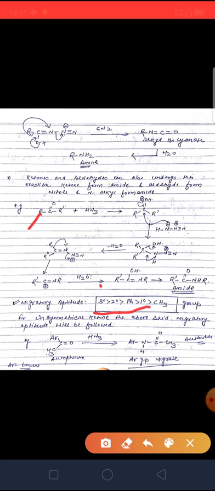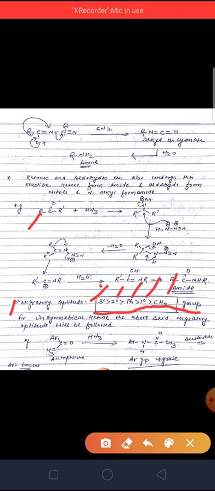This is the migratory aptitude for different kinds of groups: first of all we have the tertiary group, then a secondary group, then phenyl, then primary alkyl group, and finally the methyl group will migrate. But always remember that this is in the case of unsymmetrical ketone only. Symmetrical ketone doesn't affect this migratory aptitude very much.